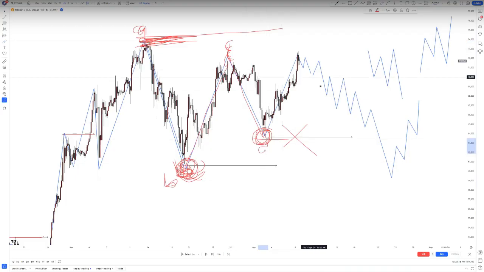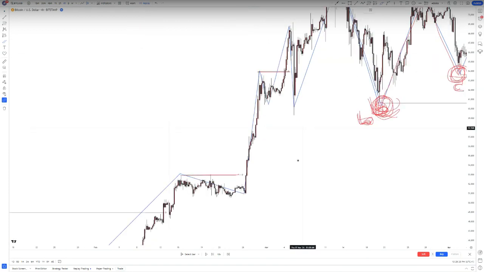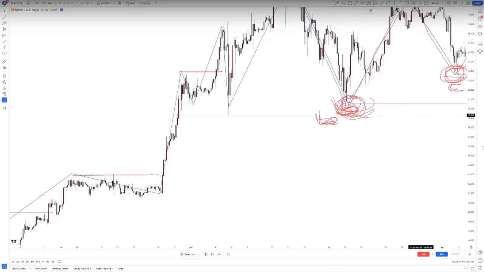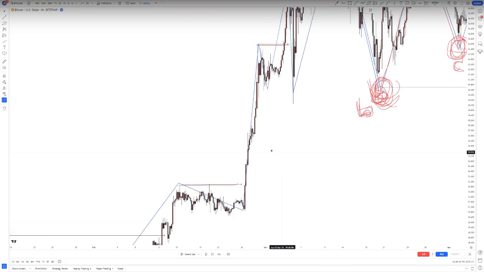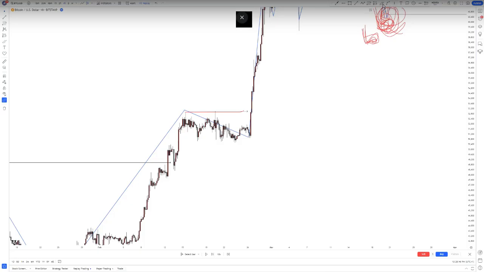So for our point B or point C to be a valid swing low, it must break the high that printed it. If it did not break the high that printed it, it is not valid. Look at it here. This is what I'm saying. This high printed this low.